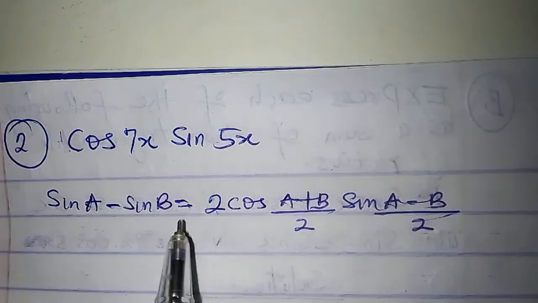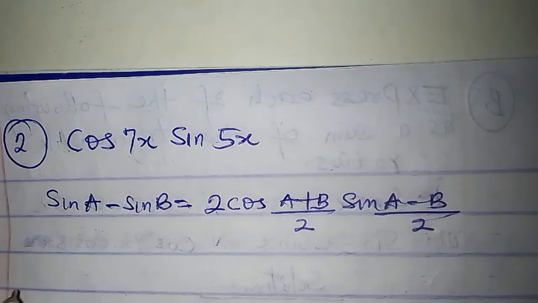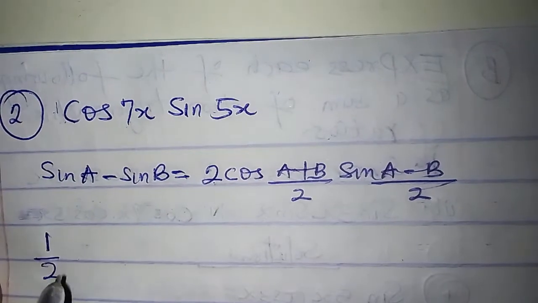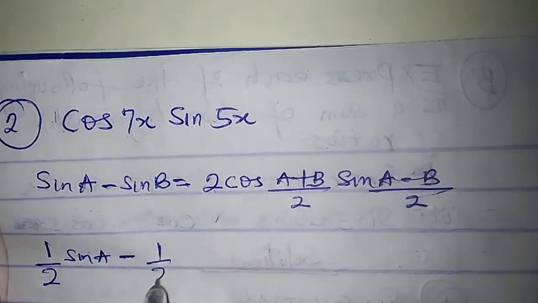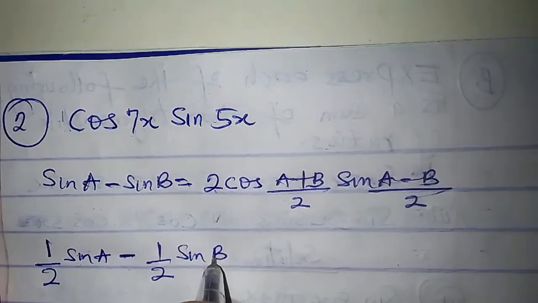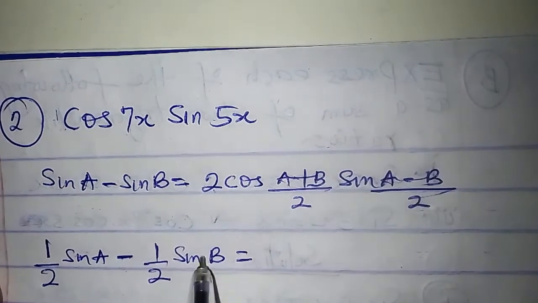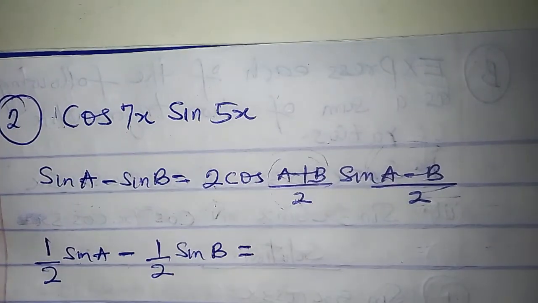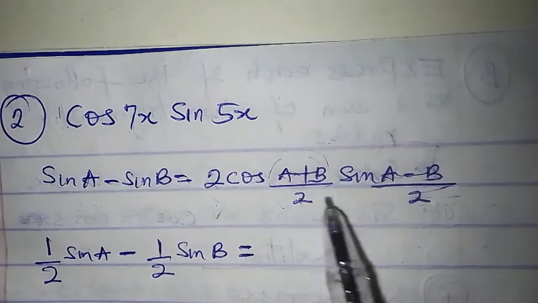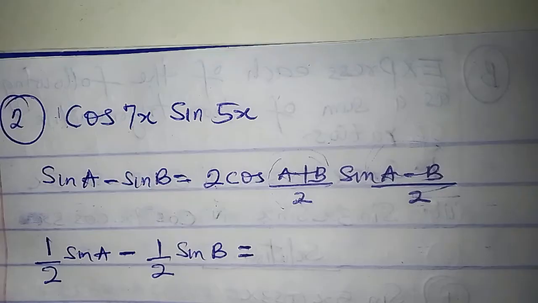You get it? So dividing both sides by 2, we'll be having half sine A minus half sine B is equal to, divide this side by 2, these 2 will cancel out. Take note, these 2 here that we have won't be affected at all.